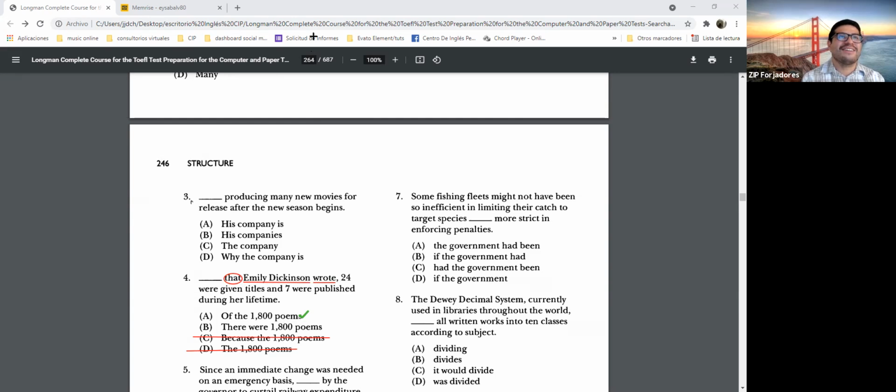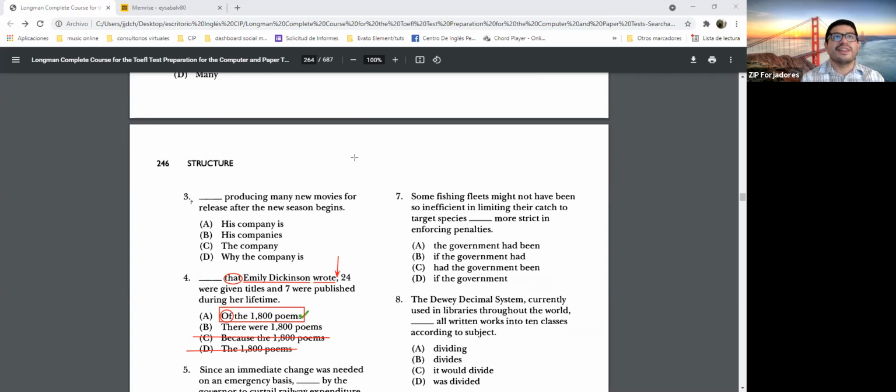So the thing that you have to see here is the comma. Remember that it indicates that you have to have a connector at the beginning, or that it is an appositive sentence. An appositive sentence can start with a prepositional phrase. In this case, we have "of" as the preposition and "the 1,800 poems" as the object of the preposition.